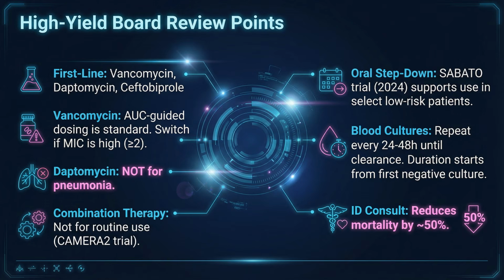Combination therapy is not for routine use, based on the CAMERA-2 trial. The SABATO trial provides evidence for oral step-down in select low-risk patients. Repeat blood cultures every 24 to 48 hours until clearance, and remember that your duration of therapy starts from the first negative culture. And finally, an infectious disease consultation reduces mortality by approximately 50%.